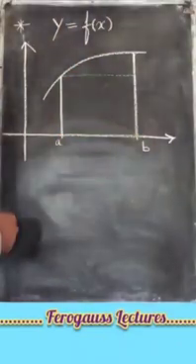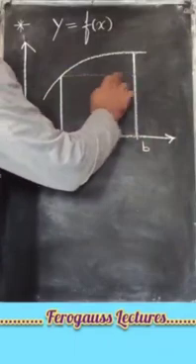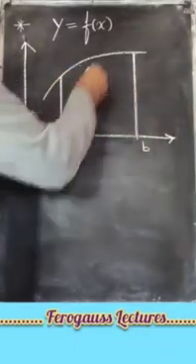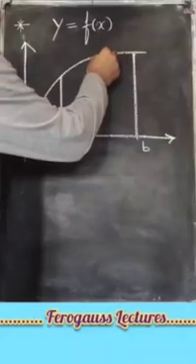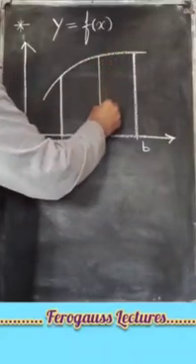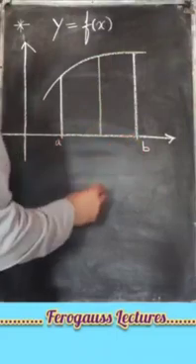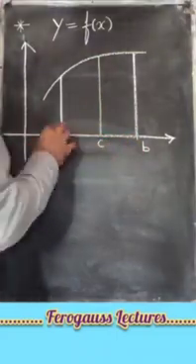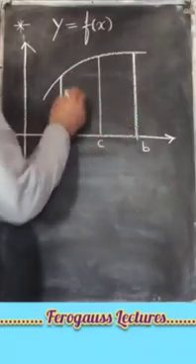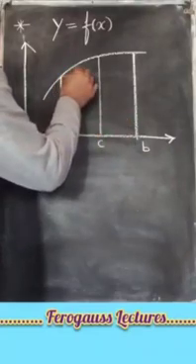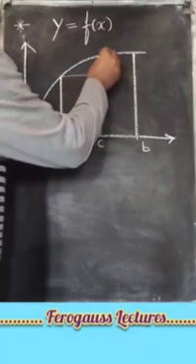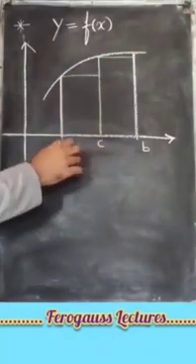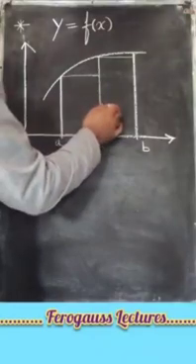Now let us take two rectangles instead of one. Now we have two rectangles, and let them be of equal width. Now we can easily find the area of these two rectangles.